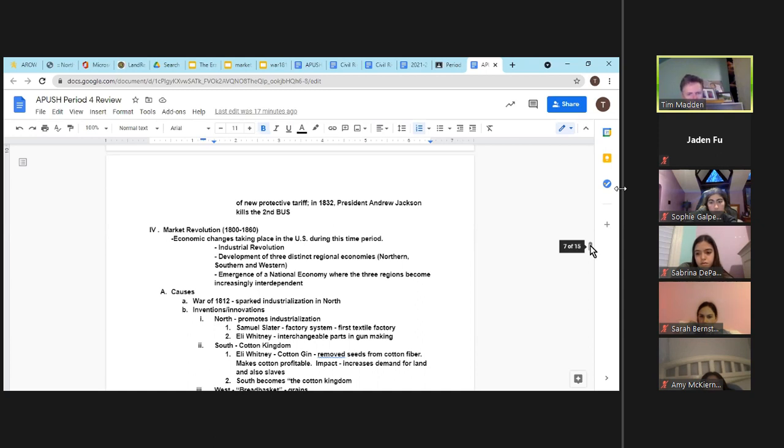And what allows for the integration of these three economies are developments in transportation, okay? In particular, early on, roads, which doesn't seem like a huge technological development, but it was when you're talking about a lot of frontier and wilderness, and also canals.